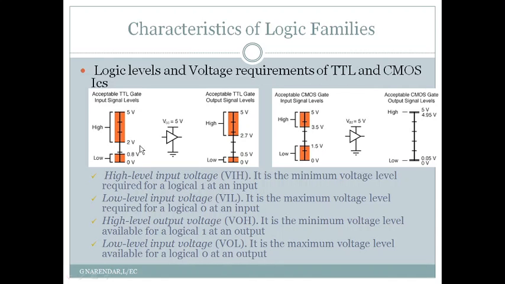So we define two voltage parameters here. Any voltage that is to be qualified as logic 1 at input should have voltage greater than VIH. Any voltage that is to be qualified as low signal should have voltage less than VIL.